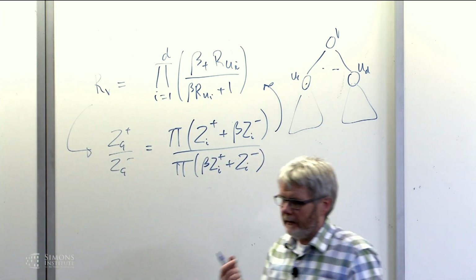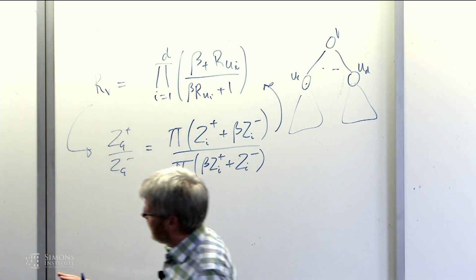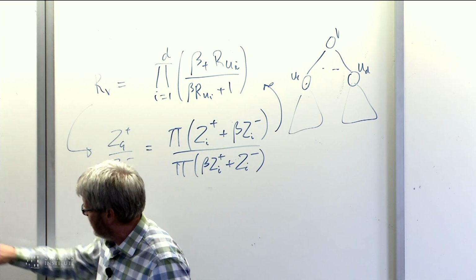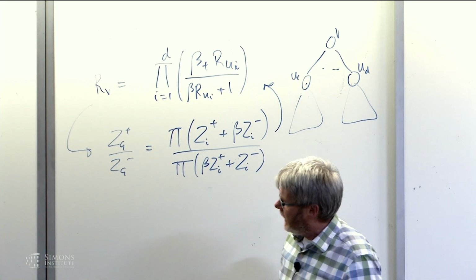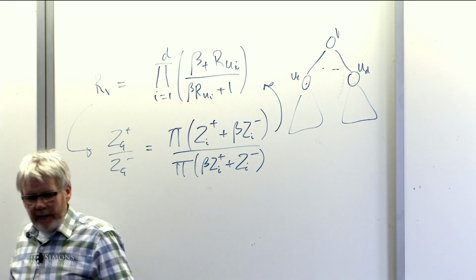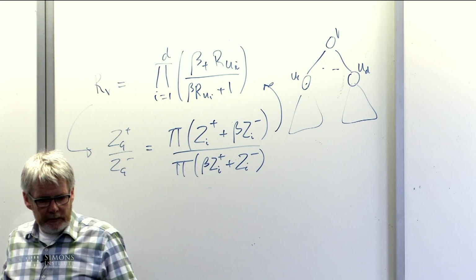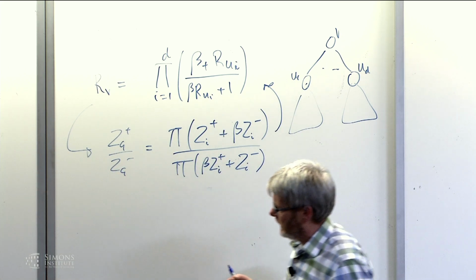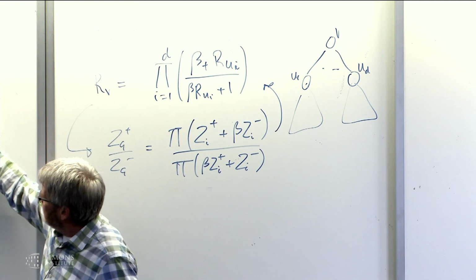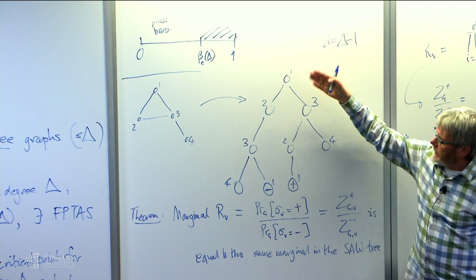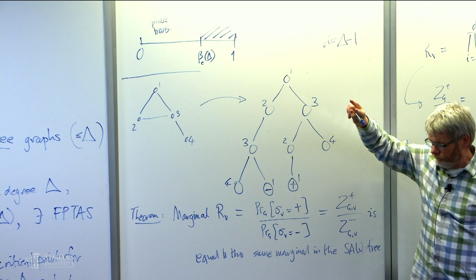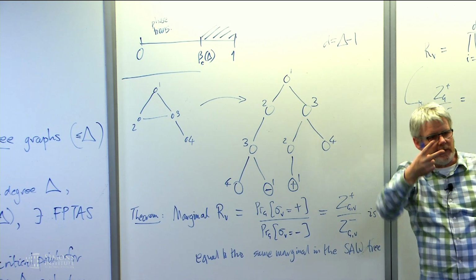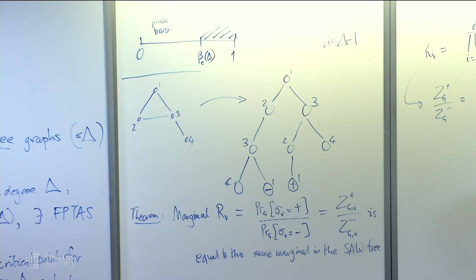For the moment, let me omit the proof that the Weitz tree construction works. It works actually for any two-spin system, not just for the Ising model, because it essentially involves a kind of telescoping product which works only for random variables that are two-valued.